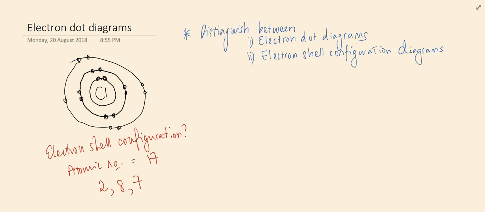Okay, so this is the electron shell configuration diagram for chlorine. I'll indicate it with this arrow.